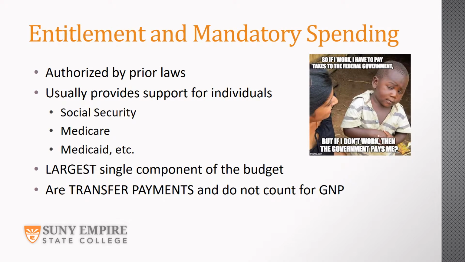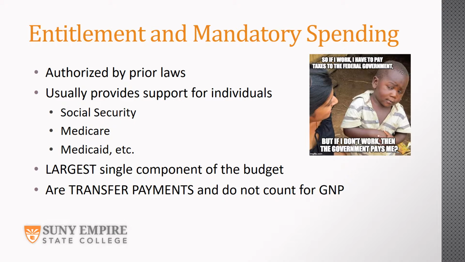The next portion of the federal budget are entitlement and mandatory spending. These outlays are authorized and required by prior laws. These payments usually provide support for individuals, including such programs as Social Security, Medicare, Medicaid, and the like.